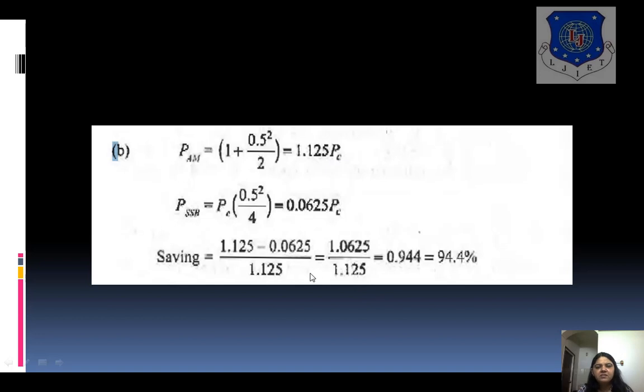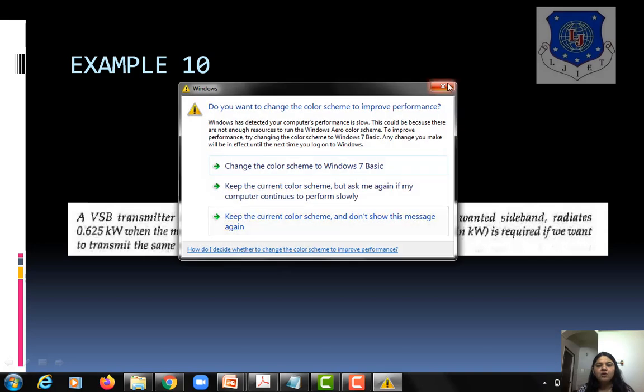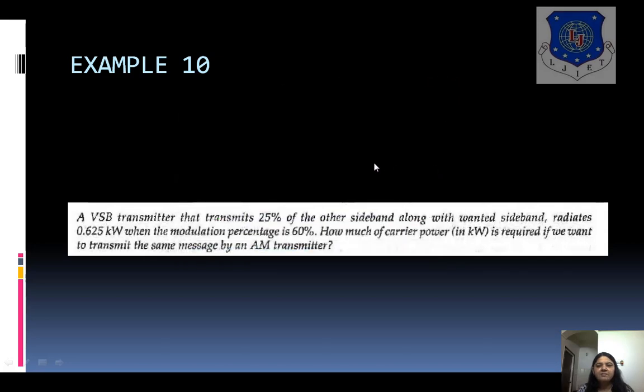PC is cancelled. It is equal to 1.0625 upon 1.125, which is equal to 0.944, equal to 94.4%.